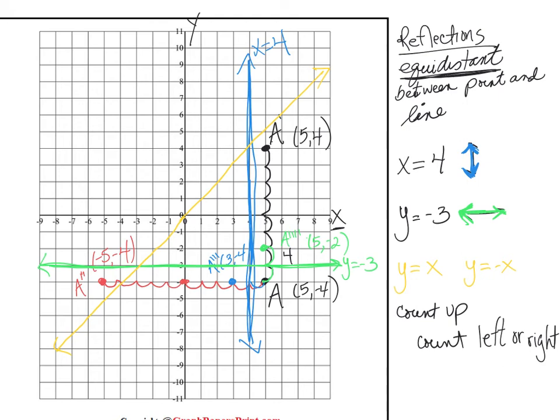Okay, and that's because if we move to connect points on this diagonal line, I have to go to the right and then up. Or in some cases I can go down and to the left. Okay, so to connect those points on a diagonal, we have to go horizontally and vertically. So to reflect over a diagonal, that's how we're going to count. So we can either count up and to the left, or we can count to the left and then up. The same number of units.